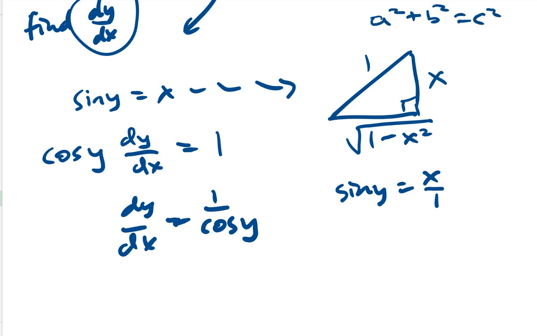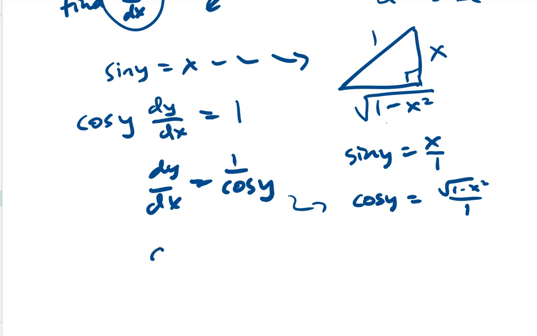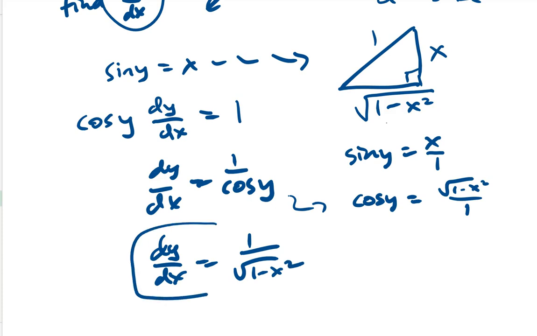Pause the video and see if that's what you get for the horizontal side. So now, cosine of y is the adjacent over the hypotenuse, which is 1. So cosine of y is the square root of 1 minus x squared over 1. So that means then that dy/dx is 1 over the square root of 1 minus x squared. And that's how you get it.